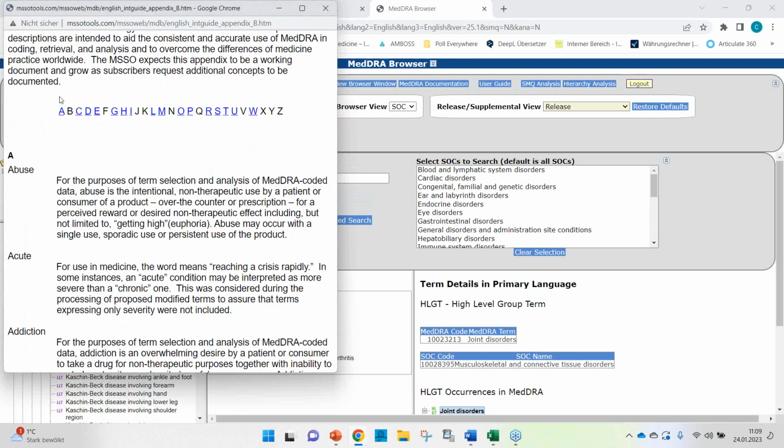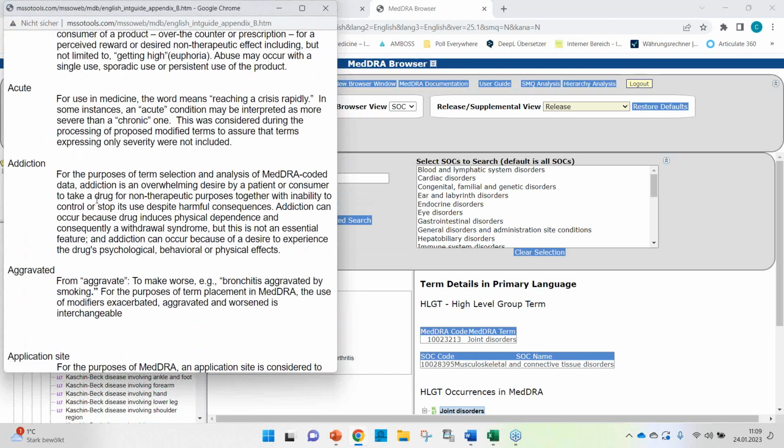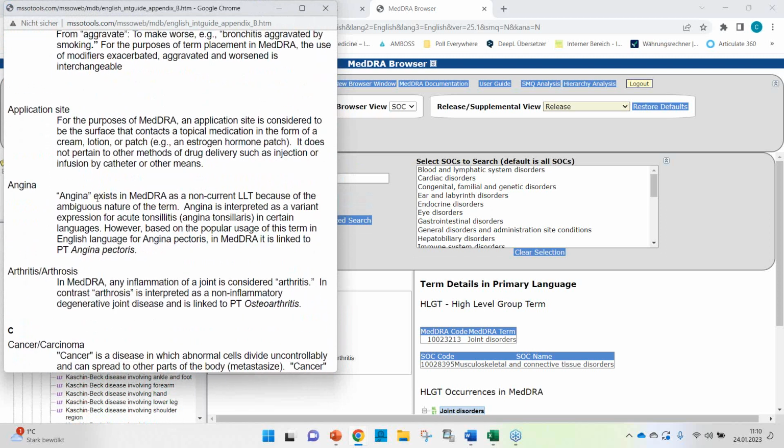If I look into the A here, they're sorted alphabetically, you will find arthritis, arthrosis. In MedRA, any inflammation of a joint is considered arthritis. In contrast, arthrosis is interpreted as a non-inflammatory degenerative joint disease and is linked to PT osteoarthritis.